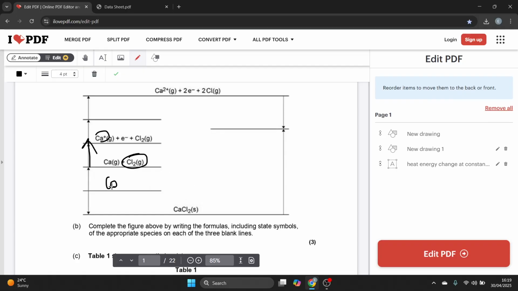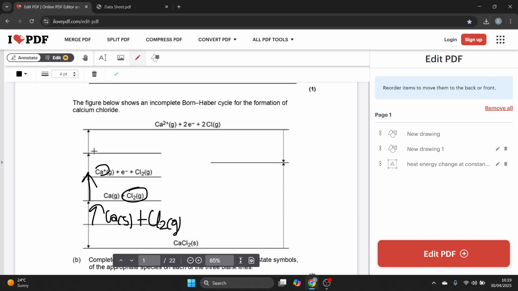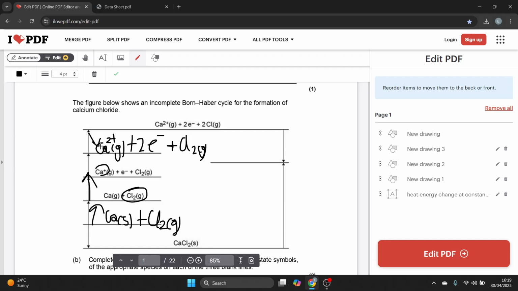So it's got to be Ca solid plus Cl2 gaseous, and that's the enthalpy of atomization of calcium. Then this is going to be the second ionization energy, Ca2+ gaseous plus 2e- plus Cl2. Nothing happens to Cl2 because it's only affecting the calcium.